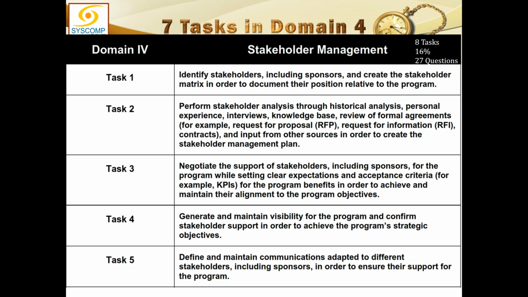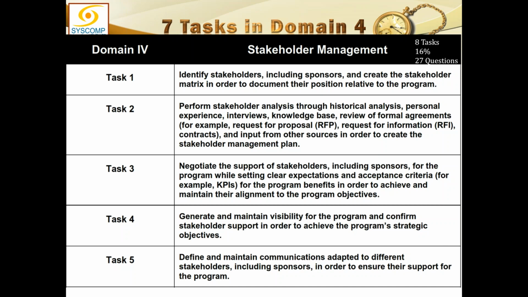So in task one, we were creating the stakeholder register, and in task two, we are creating the stakeholder management plan. The third task is you start interacting with these stakeholders, you negotiate the support of stakeholders, including sponsors, for the program, while setting clear expectations and acceptance criteria, for example, KPIs for the program benefit, in order to achieve and maintain their alignment to the program objectives.